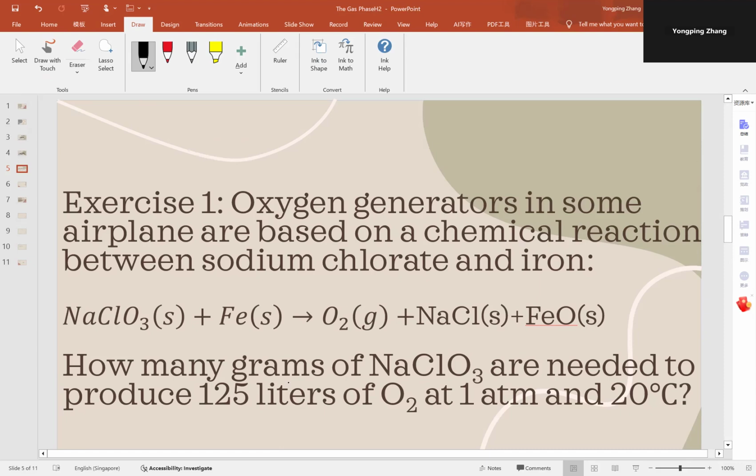How many grams of sodium chloride are needed to produce 125 liters of oxygen at 1 atm and a temperature of 20 degrees Celsius? This is the T, this is the pressure, this is the volume.